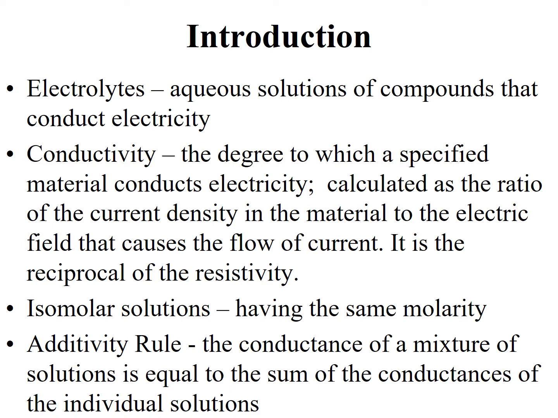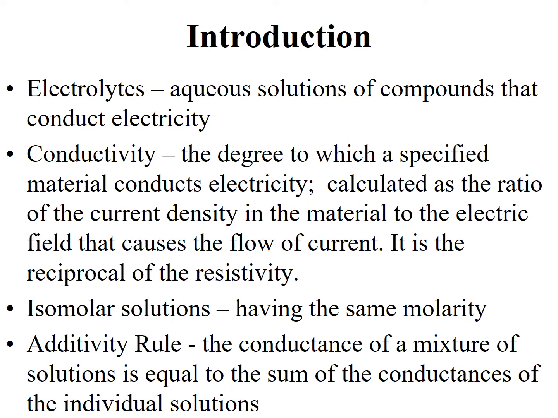Now, ionic compounds, when they dissolve in water, form charged ions which are capable of transporting an electric current. The conductance of these solutions is high and dependent on the nature and the concentration of the ions. When we're talking about isomolar solutions, these are solutions that have the same molarity.